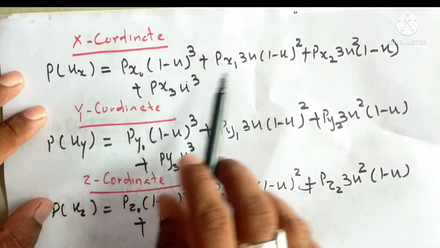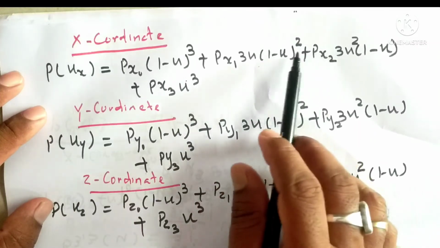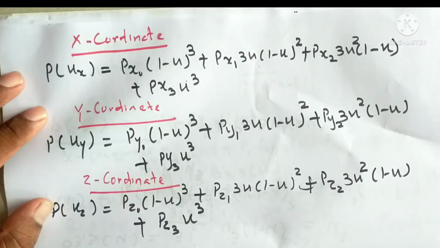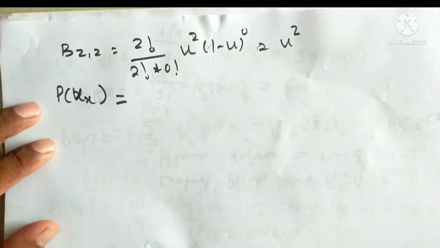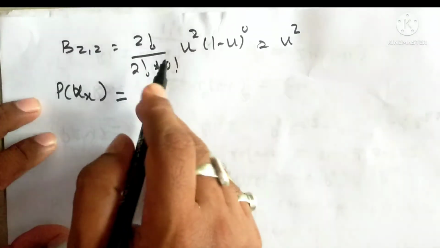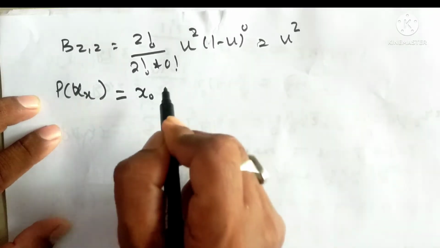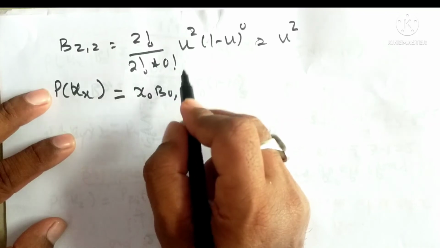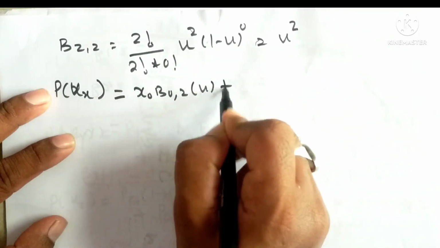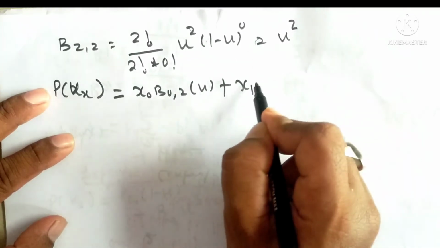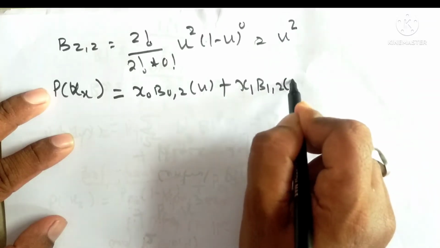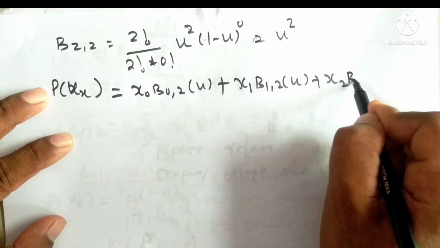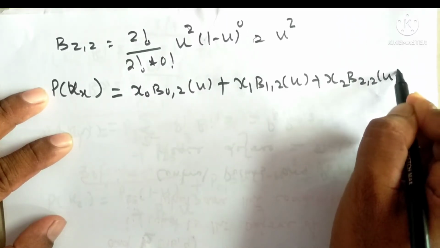So this equation I have to use for P(u) x. The value will be x0 into B0,2 of u plus x1 B1,2 of u plus x2 B2,2 of u.